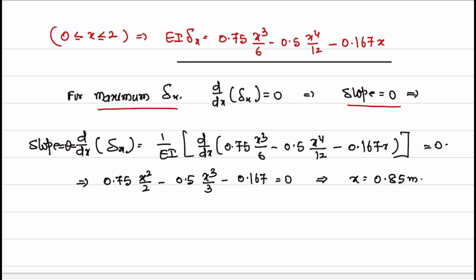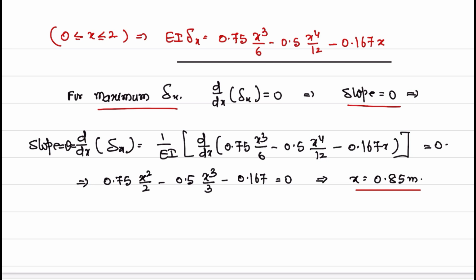I will not be dealing with that here. It's a very simple equation and you can easily solve it using the trial and error method. For some positive value of approximately 0.85, this equation is valid. X is equal to 0.85 meters.